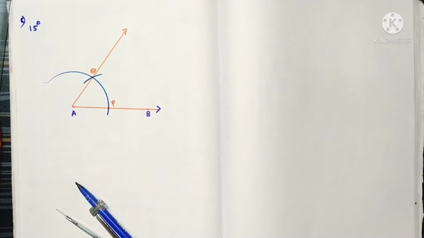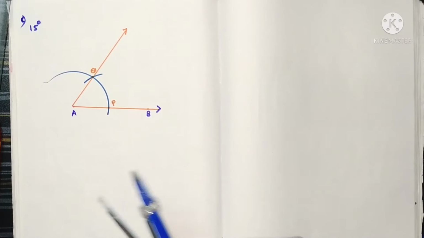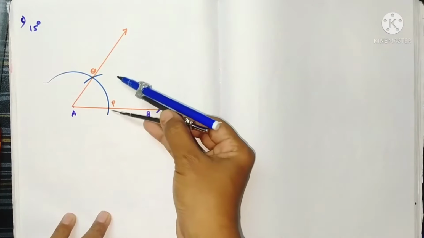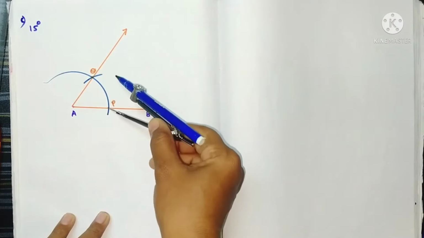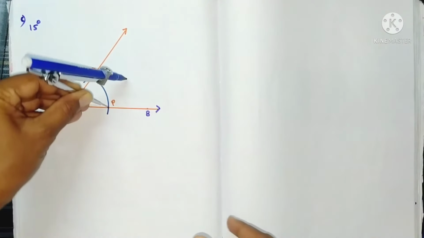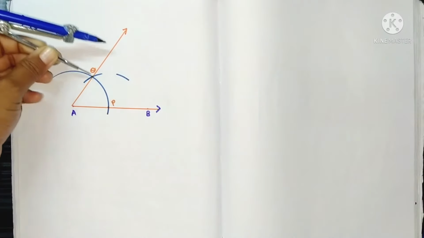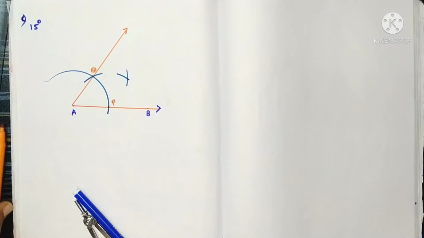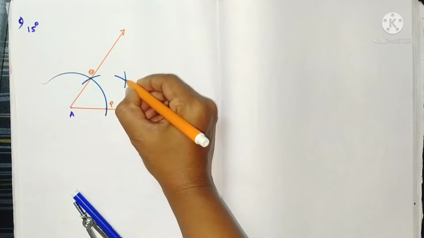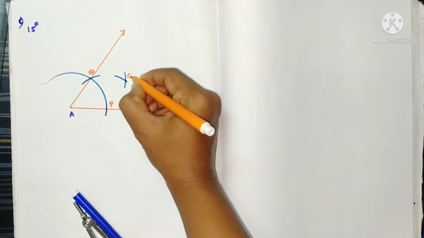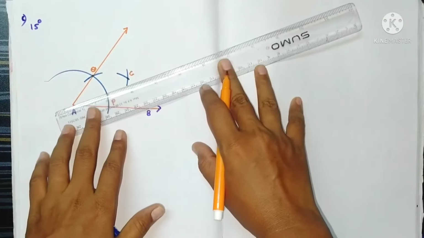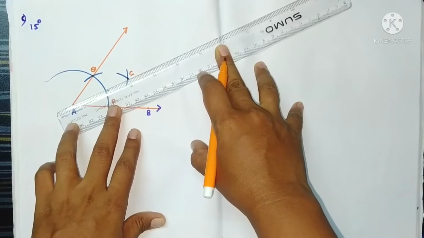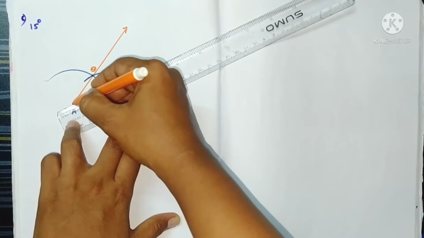Actually we want to draw 15. So now PQ. With the same radius, from P draw an arc and from Q draw another arc. Let this point of intersection be C. Now draw a ray through A and C like this.